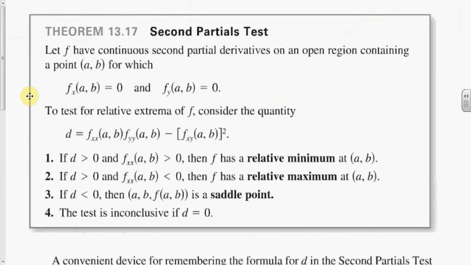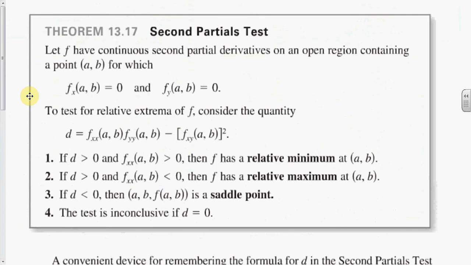Here's the second partials test. This is what we'll use. So we hope that f is continuous, has continuous second partial derivatives on some open region containing some point a comma b. We call it a comma b because we hope that here a comma b is a critical value. So it's a critical point.